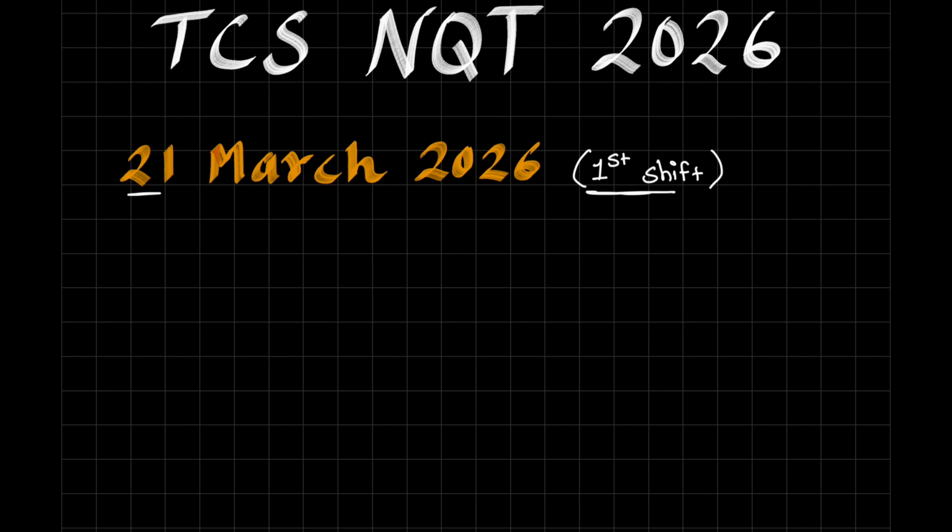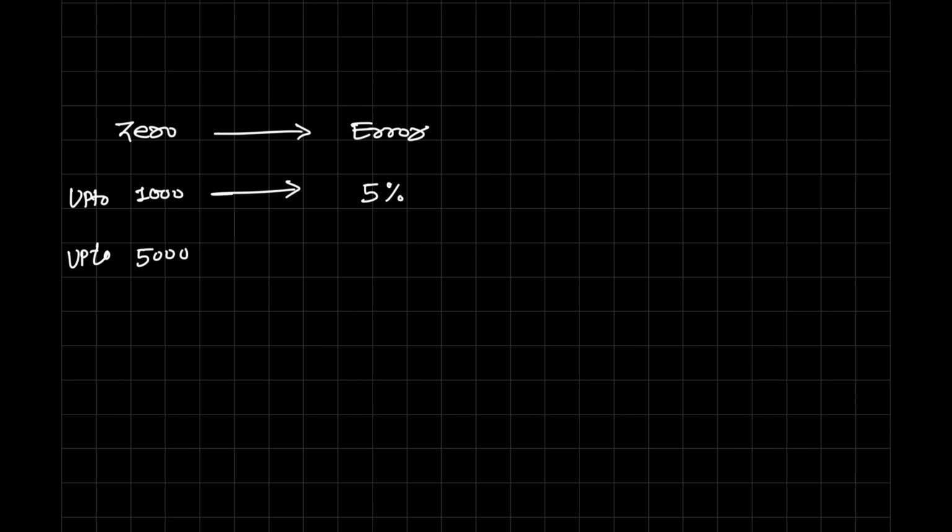There are four conditions. The first condition is if the amount is 0 or less than 0, then we want to print an error. If the amount is up to 1000, then give a 5% discount to the customer. The third condition, if the amount is up to 5000, then give a 10% discount.